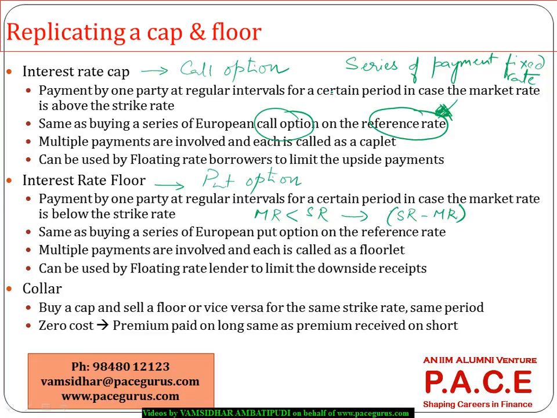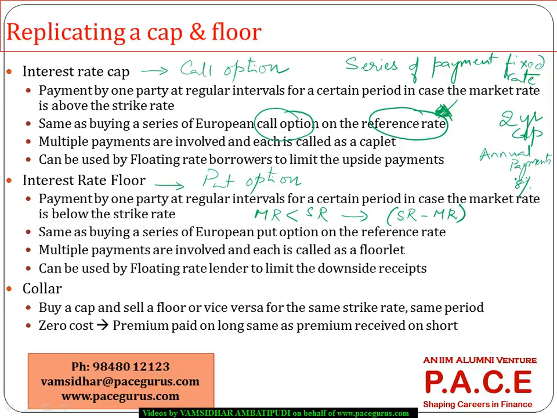But in this case, the prime difference with respect to a cap is that we don't talk about one payment, we talk about a series of payments. So the typical problem would be modeled like this. We talk about a 2-year cap, probably with annual or semi-annual payments, for a strike rate of, let's say, 8%.